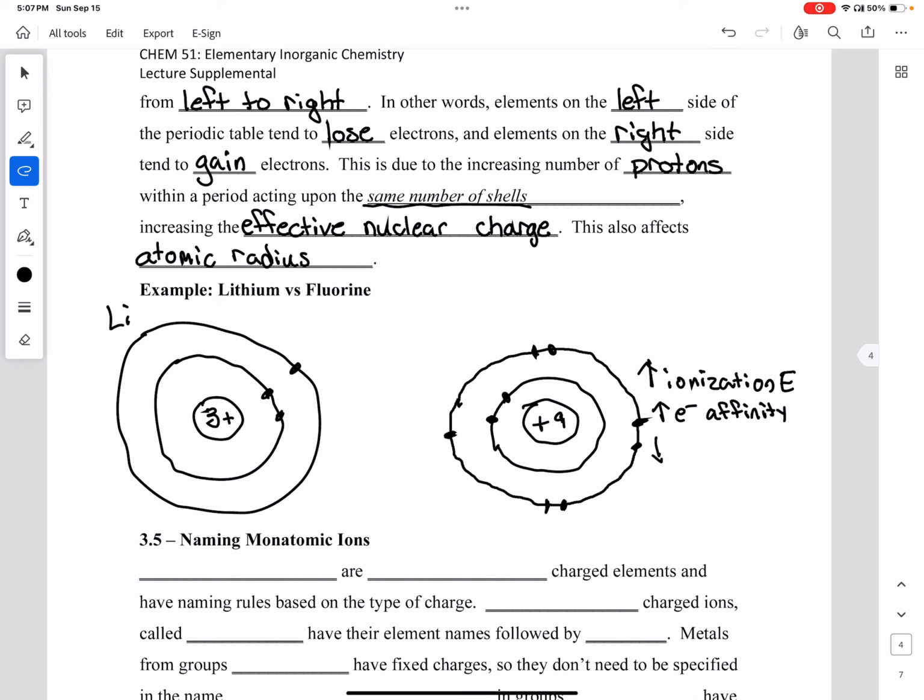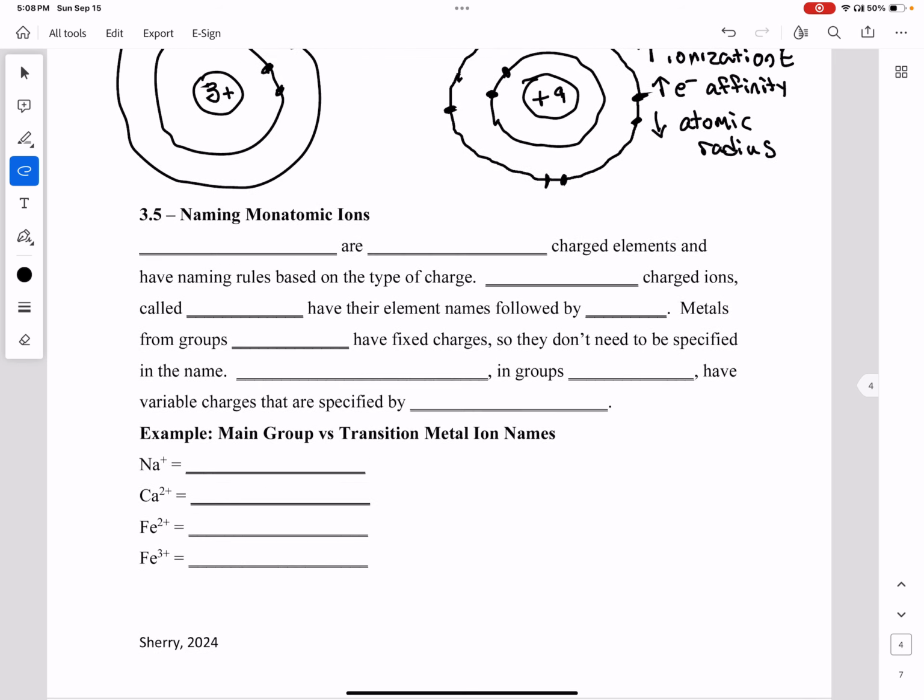And another thing is that it decreases atomic radius. Okay. That goes a little bit farther than the book goes on this topic. So let's talk about naming. That's the main thing for the activity that we're doing this week.